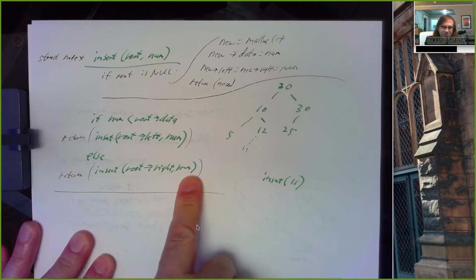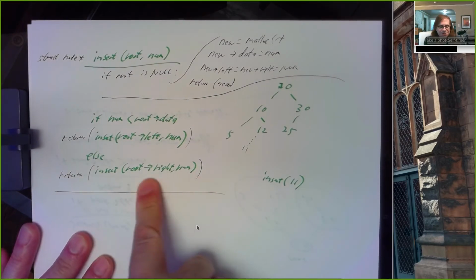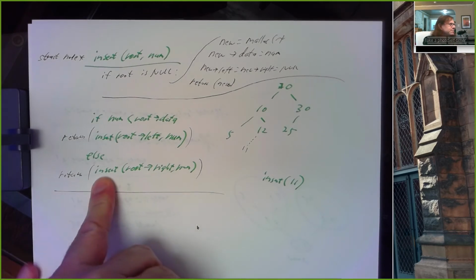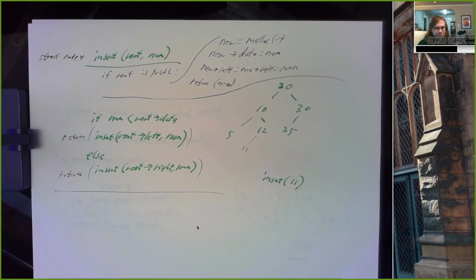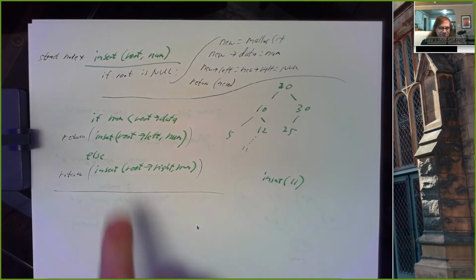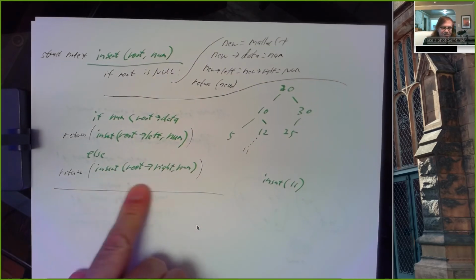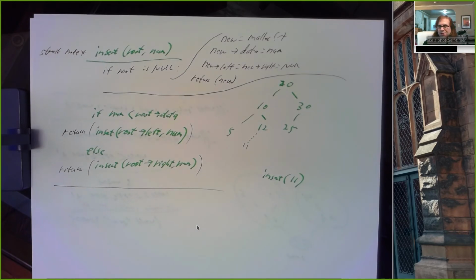Otherwise, call insert to insert your number into the right subtree and return what you get back from insert. And maybe, if the number is bigger than that, otherwise return null or something to indicate that you can't insert because the data is already in the tree.